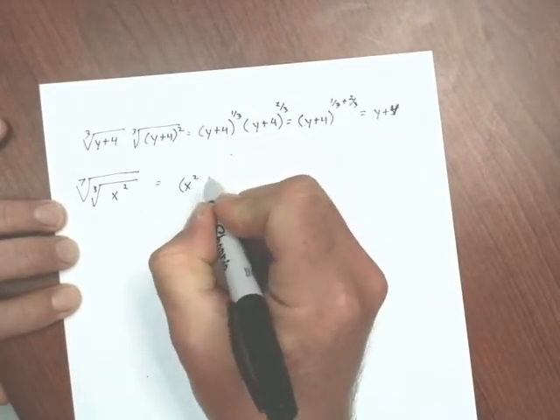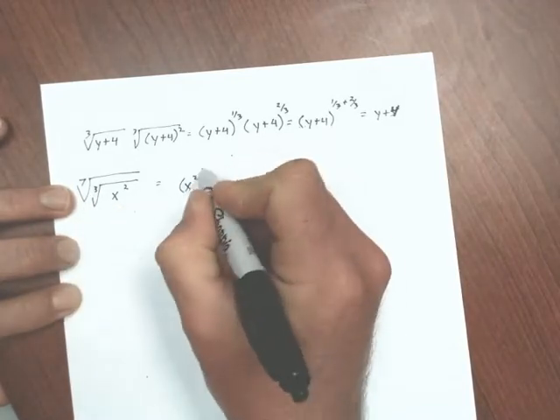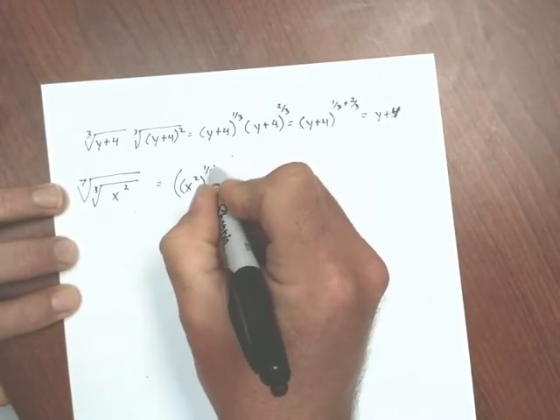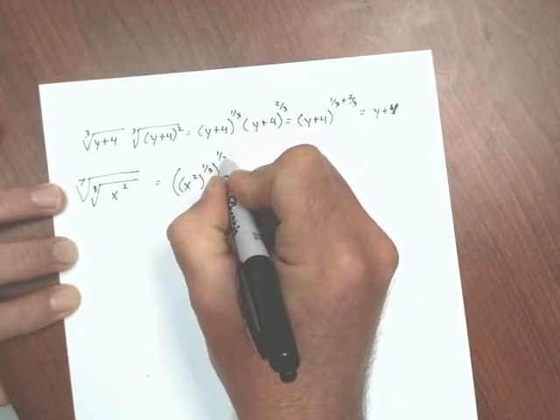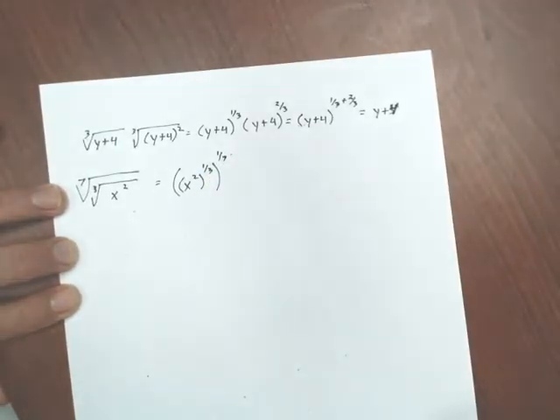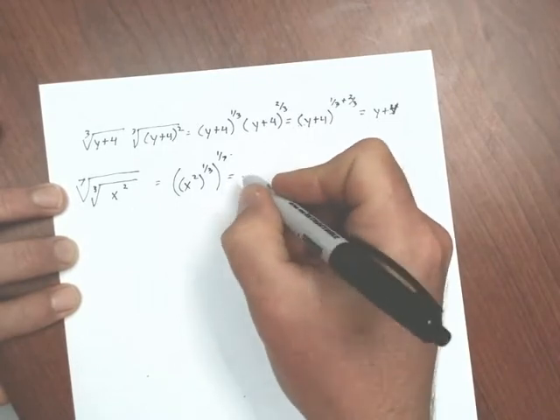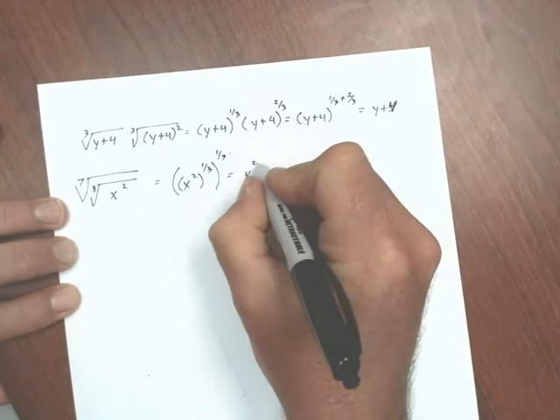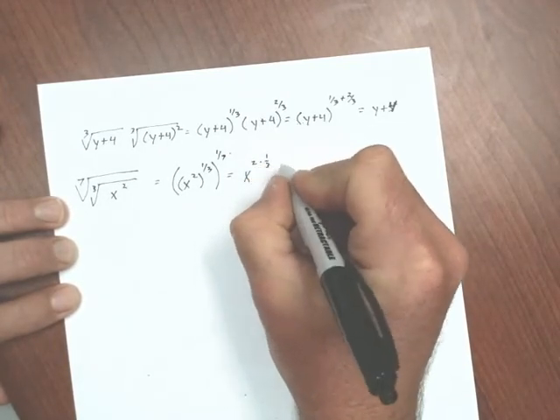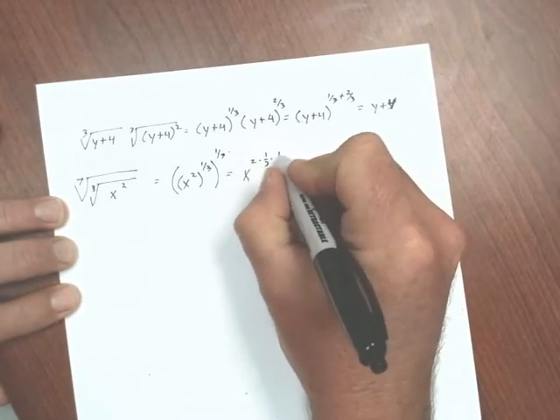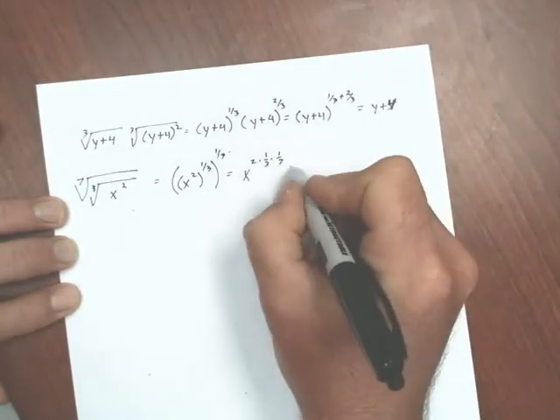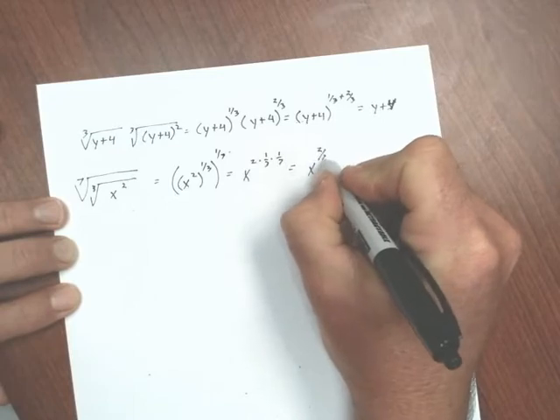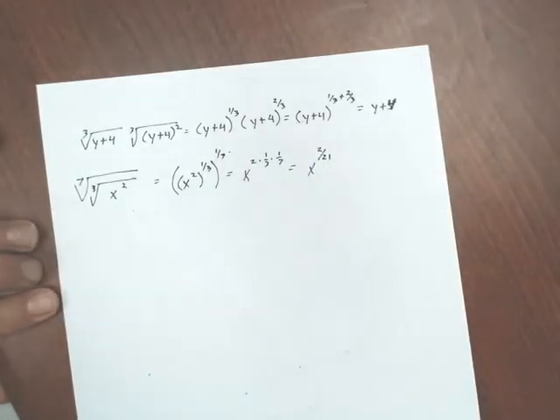We know we have x squared, and we know that is raised to the 1/3. Well, that itself is raised to the 1/7. So now, using the rules of exponents, what do we get? x squared times 1/3 times 1/7, and that equals x to the 2/21.